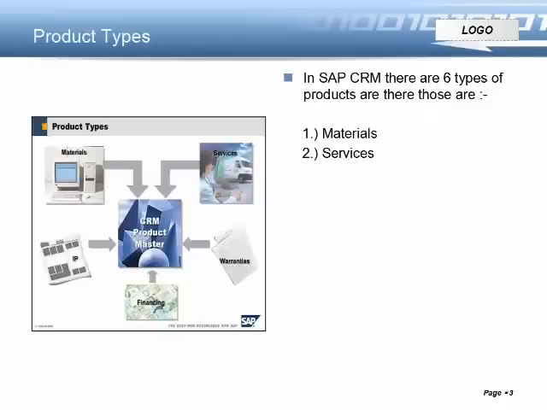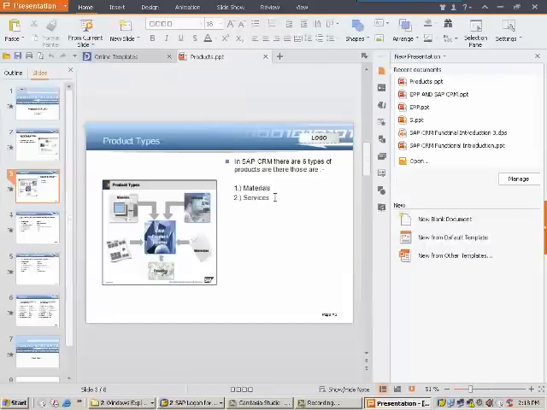Then the third one is warranty. Sorry, I just forgot to write it here on the screen. I'll write it again, or I will show it again to you. I'll simply write: third type of product is warranty, or warranties you can say.